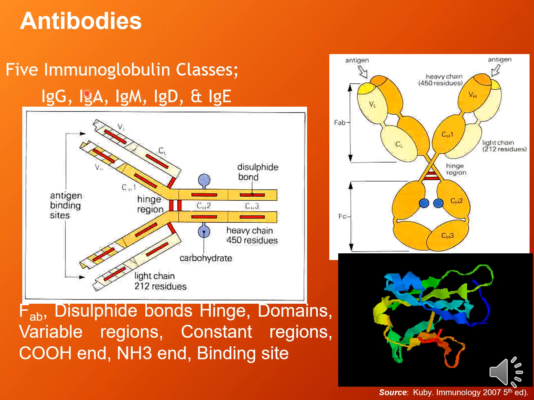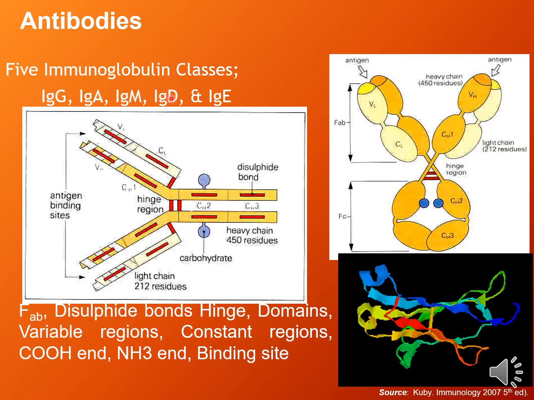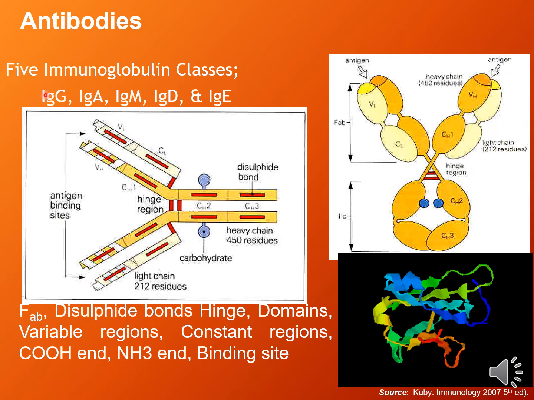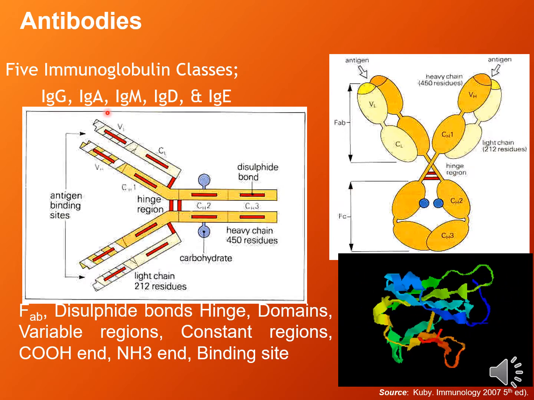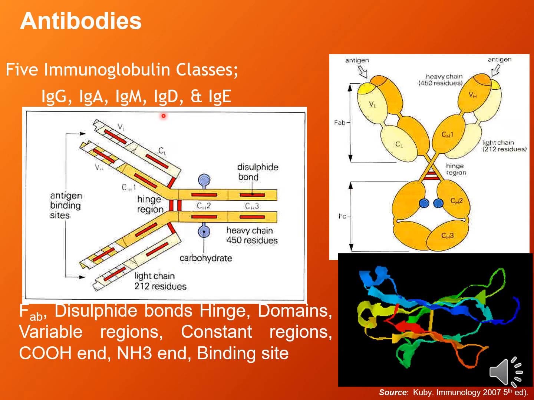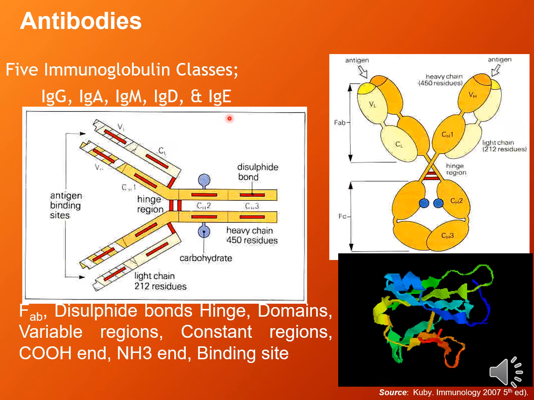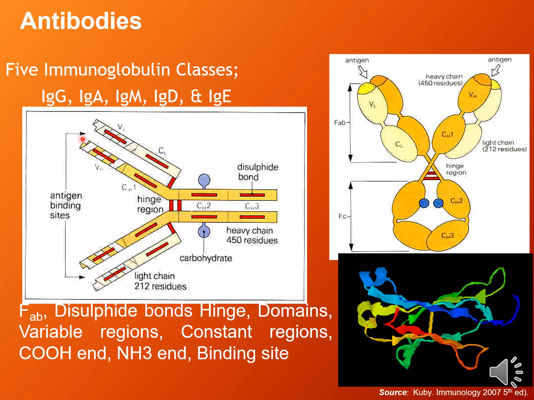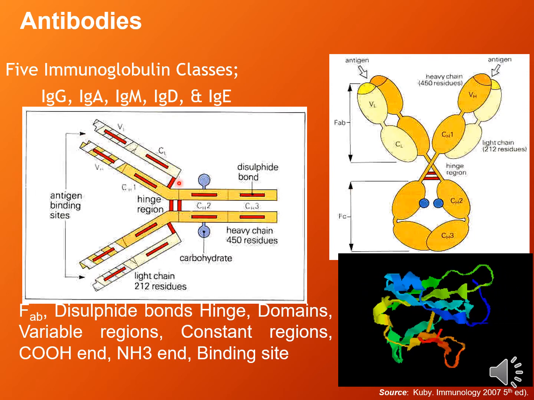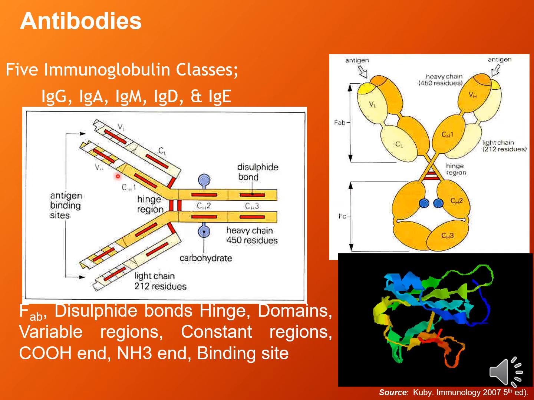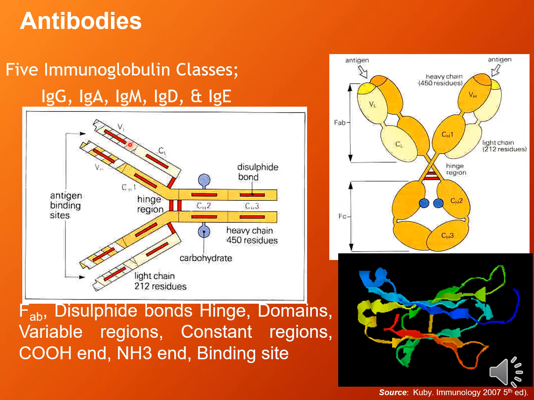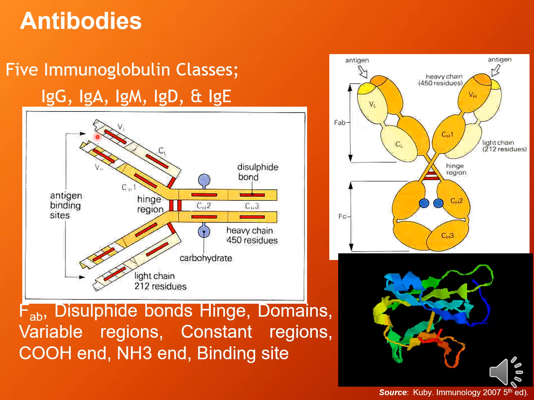Next slide. There are 5 different classes of immunoglobulins, and again, there is a reason why we call them IgG, IgA, IgM, IgD, and IgE. We can see the same structure, although it looks a little different, but it still has basic parts, the heavy chains, the light chains, and what else?